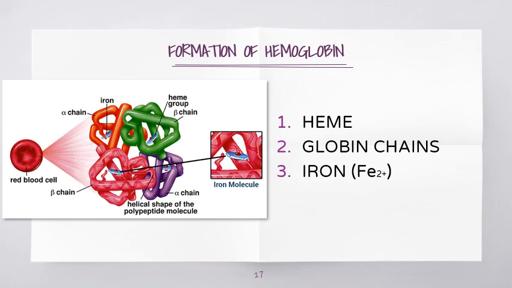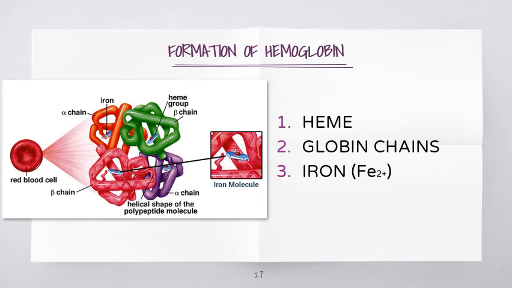So these are the three main components of your hemoglobin. It's actually named after them. You have the heme component and the globin component with iron. Okay, so the globin gives it this helical shape of the polypeptide molecule.